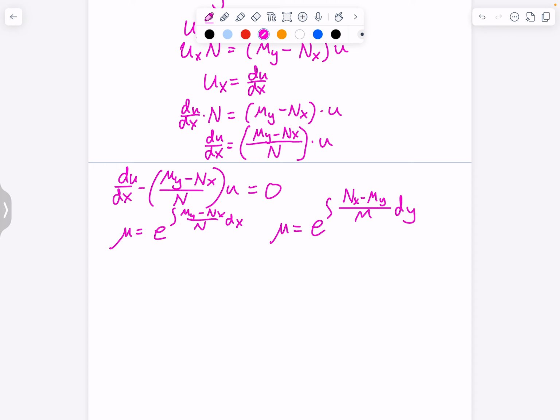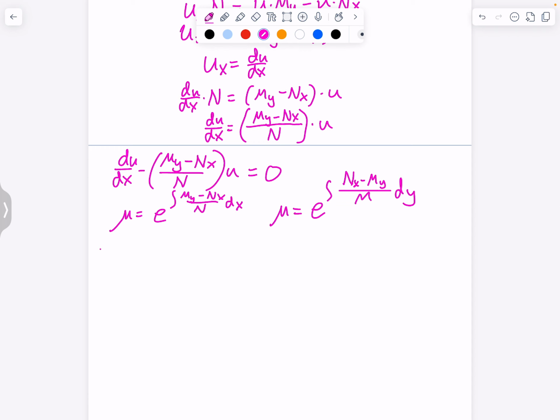All right. If this statement that we just came up with, my minus nx over n, is in terms of x only, then use the one above.